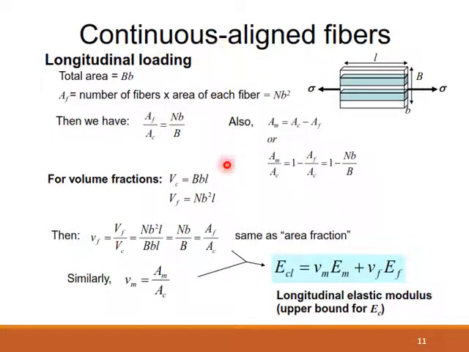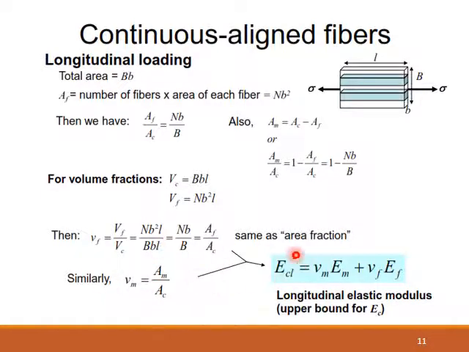Because of time, what you should understand is that AM over AC is the area fraction of the matrix in the total area of the composite material. By implication, AF over AC is the fraction occupied by the fiber in the composite material. This translates directly to volume fraction. So AF over AC becomes the volume fraction of the fiber, while AM over AC translates to the volume fraction of the matrix.